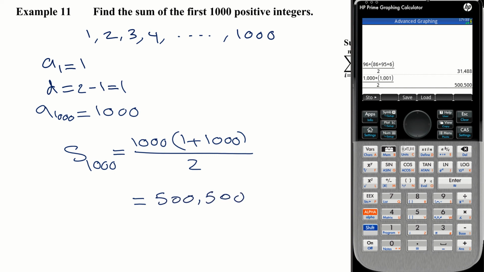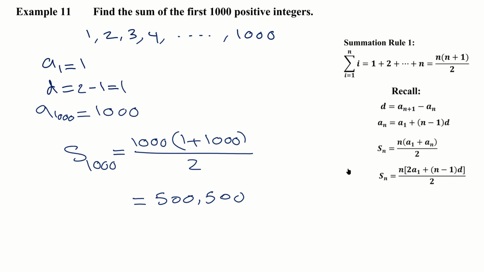Now notice that you could have used this formula in this manner. You could have done the sum from i equals 1 to 1000 of i from our last lecture, which would have been the same series. It would have been the series consisting of 1 plus 2 plus 3 plus all the way to 1000, right?